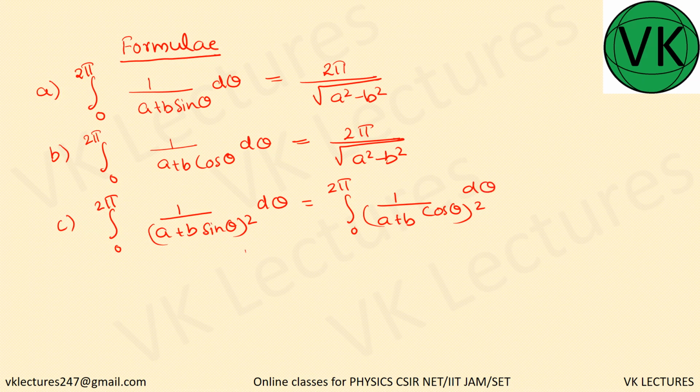So for both these questions, answer is 2 pi a divided by a square minus b square whole raised to 3 by 2.